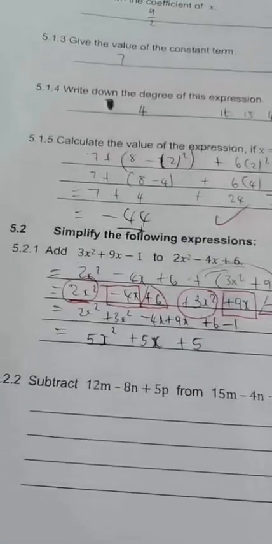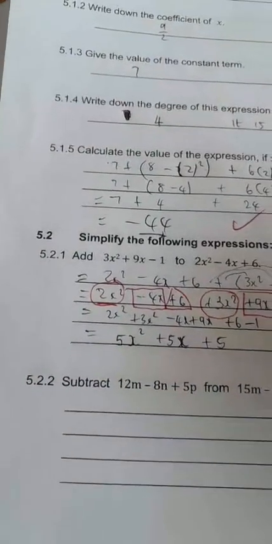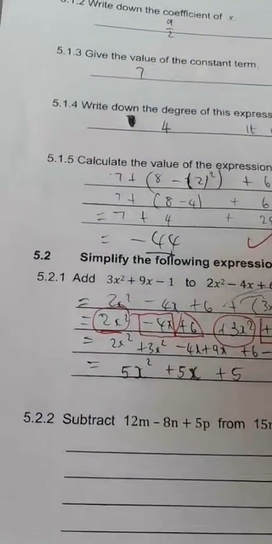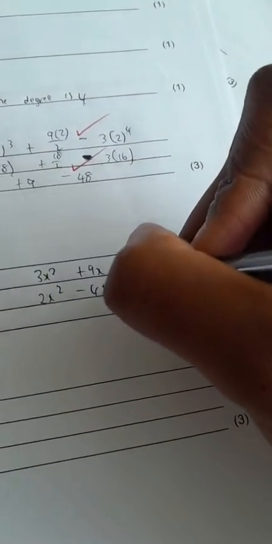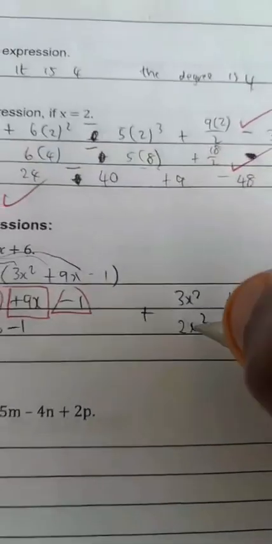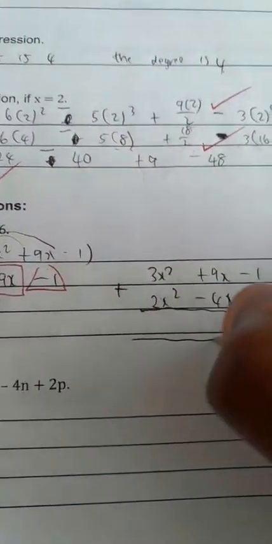I know some people with these types of questions will usually do the following: 3x squared plus 9x minus 1, and then they'll say 2x squared minus 4x plus 6. They do it the way you used to do it in primary school.